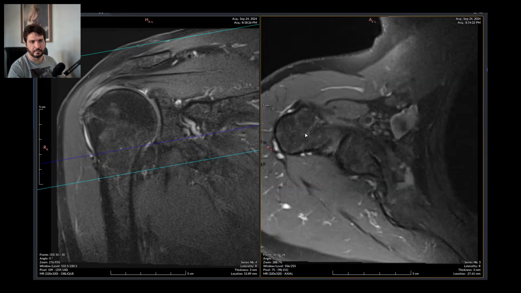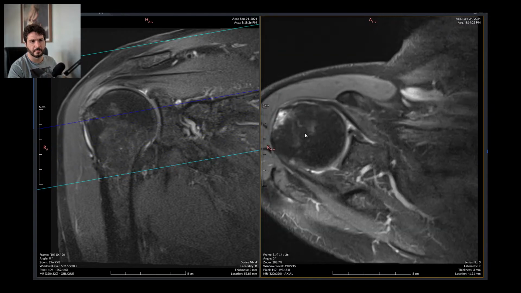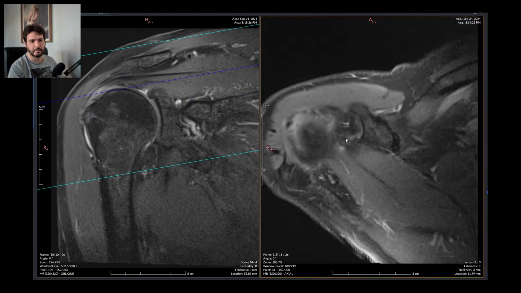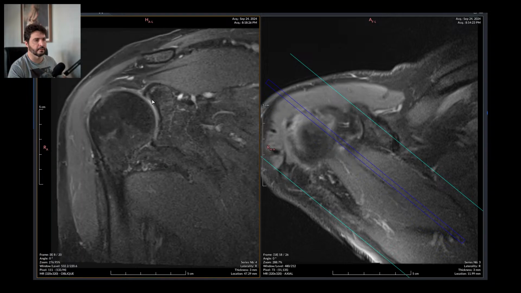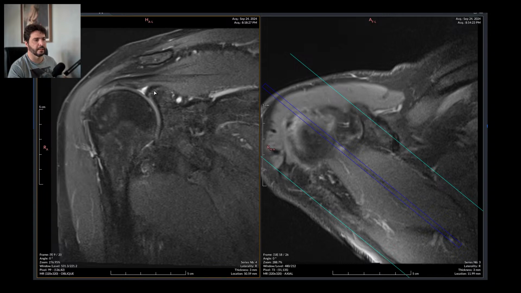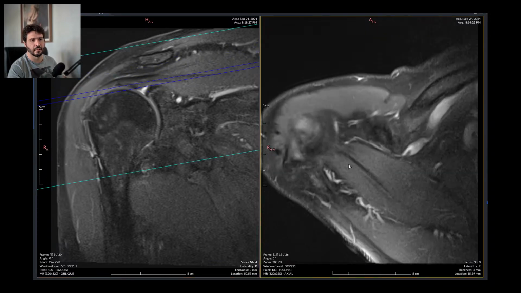Can't really tell for sure. Let me see if I can see it. By the glenoid labrum, I can't really say. Yes, it's supposed to be right here, but it isn't. There is some fluid right there.